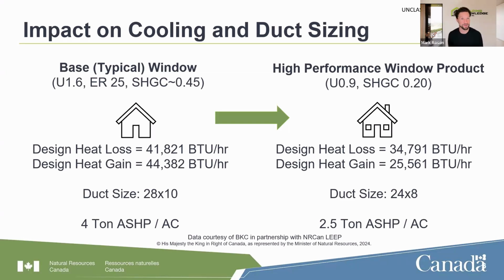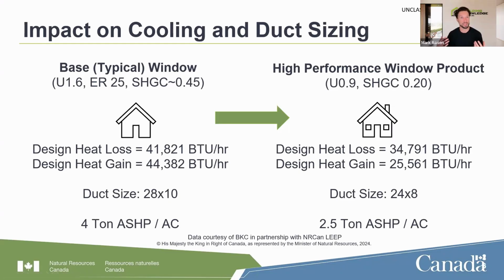Another thing that starts to be very interesting in existing homes and renovations is that as you change windows and reduce cooling loads, here we can see a change in window from a base window of 1.6 and a high solar heat gain to a high performance triple glazed window with a U value of 0.9 and a solar heat gain of 0.2 is not only 1.5 tons less cooling, but it's a smaller main trunk size.